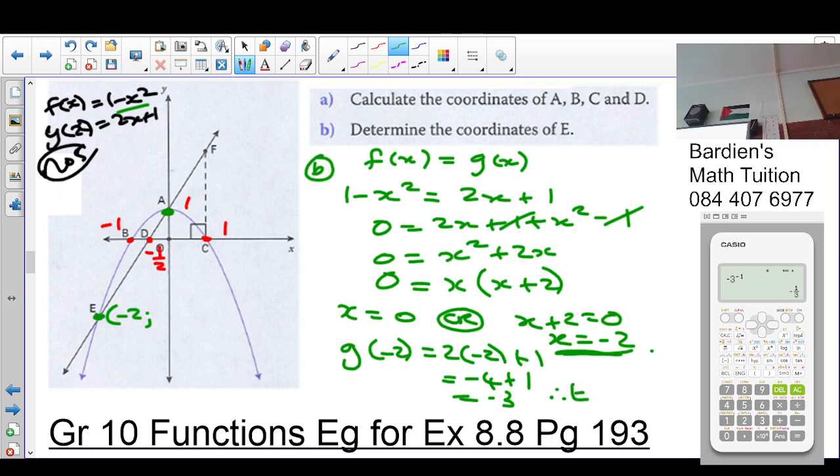Therefore, E is negative 2 and negative 3. Okay? If I had gone into the parabola, it would have been 1 minus negative 2 squared. So it's 1 minus 4, which is negative 3 anyway. Okay?